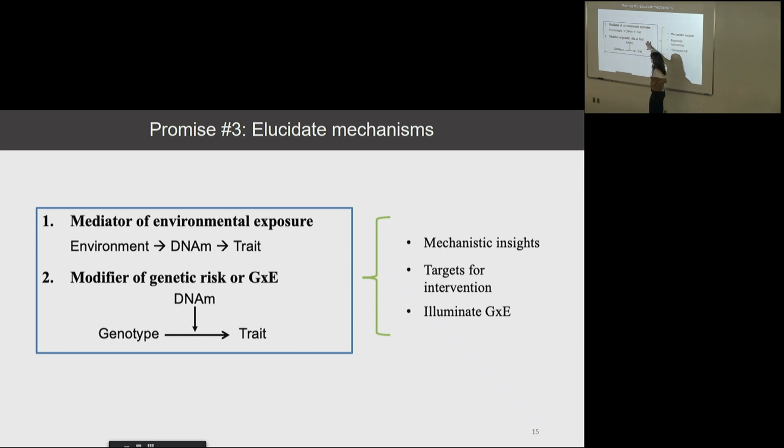We could also think of it as a modifier of genetic risk, or G by E, because it affects whether or not that genetic effect is actually realized. So we could go to the gene level and look at the methylation occurring within specific gene regions. It could give us more mechanistic insights and potentially illuminate what's going on behind gene-environment interactions.